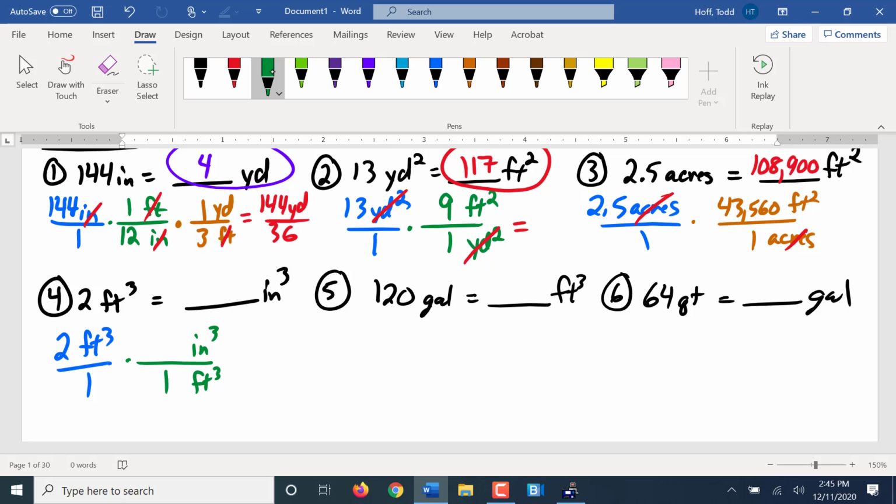The way you always remember is you look at the regular conversion. There's 12 inches in a foot. Then you look at the units. These units are cubed, so it's 12 cubed. 12 times 12 times 12. So 1,728. So the cubic feet cancel out. 2 times 1728. 3456 is correct.